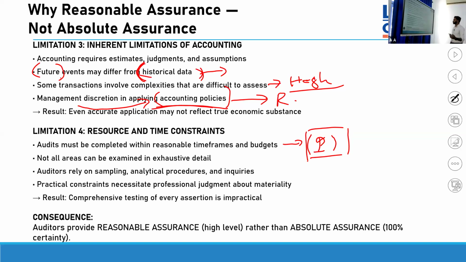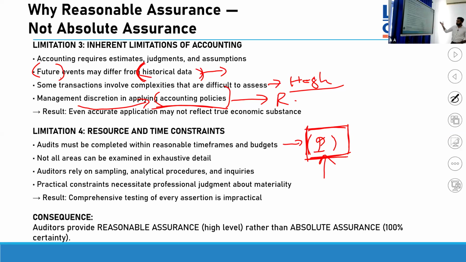So we need to examine all the transactions, test the samples, and do all the audit procedures. The accountant has prepared this financial statement in 1 year, but as an auditor we need to examine this 1 year of transactions in 1 or 2 months.